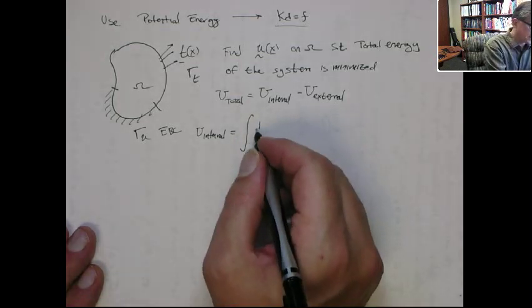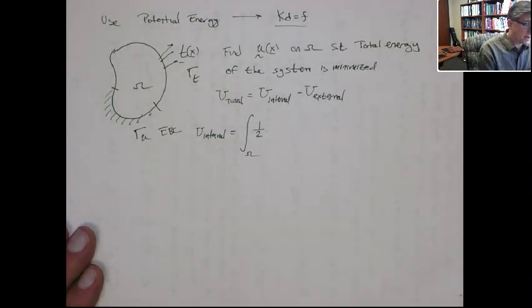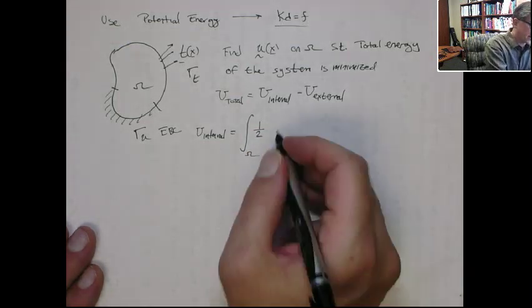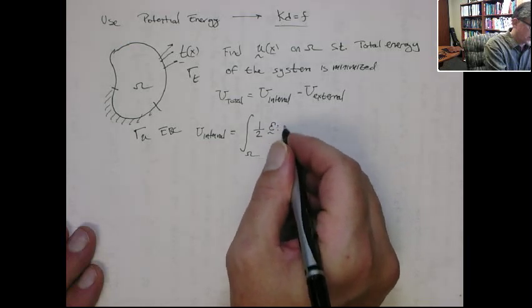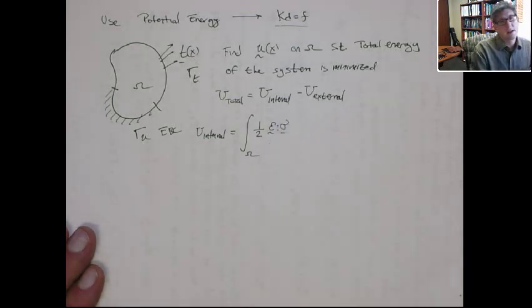And for an elastic body, we're going to define the strain energy as 1/2 strain contracted with stress. Okay? For those who have seen this sort of stuff, this is basically like force times distance, but per volume.